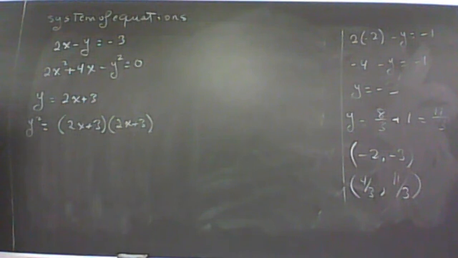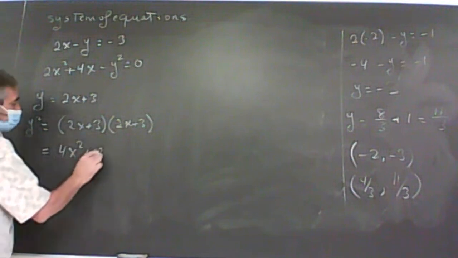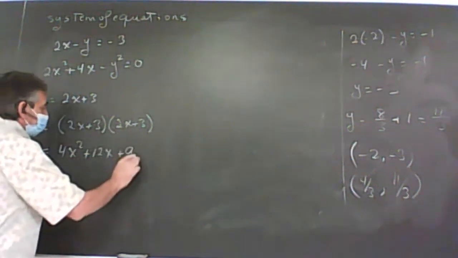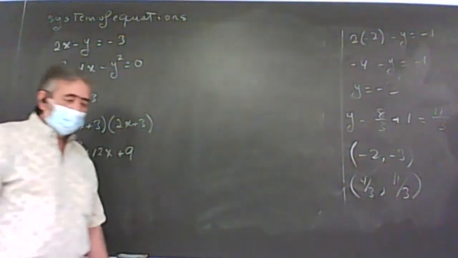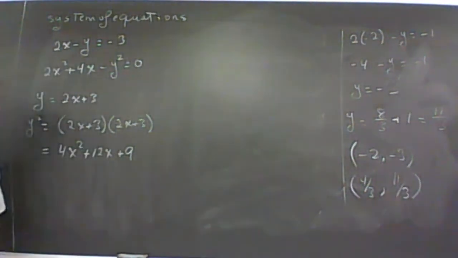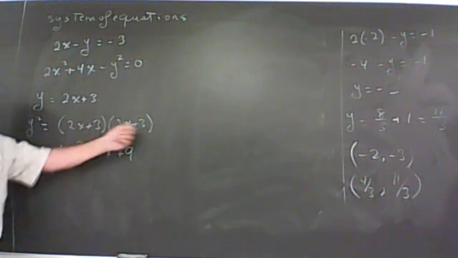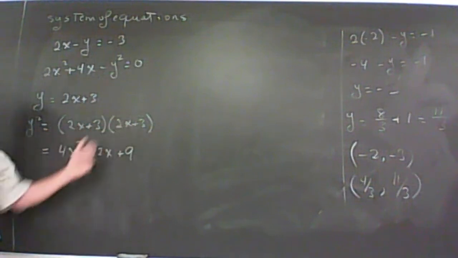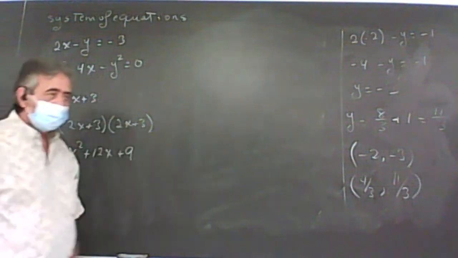Okay? If I square this, we end up with 4x squared plus 12x plus 9. You can use the formula and then write it down. Yes? So 2x times 2x is your 4x squared. That's a 6x plus 6x gives me 12x. 3 times 3 is 9.